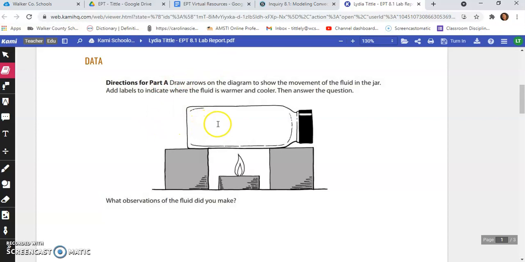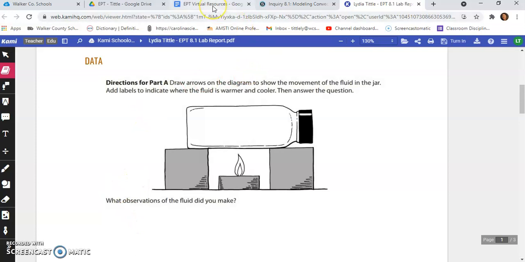For your data, it says to draw arrows on the diagram to show the movement of the fluid in the jar. So when you are watching this demonstration, pay close attention to the fluid movement in the jar so that you can draw your arrows. And then it says to add labels to indicate where the fluid is warmer and cooler. And then you have some questions to answer.